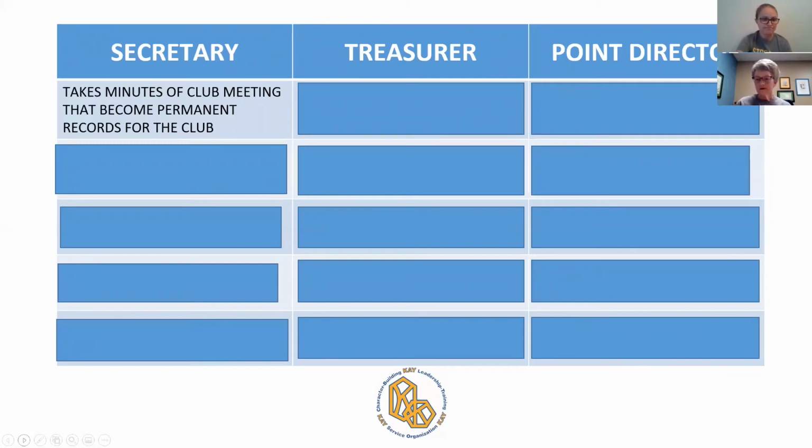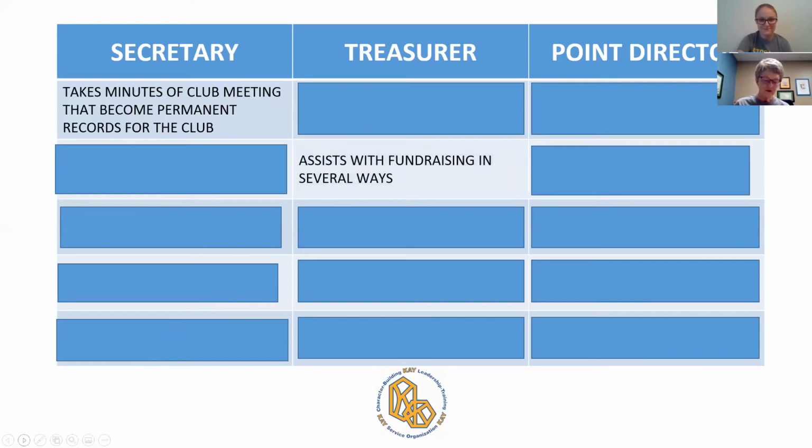Very important. Yeah. So that next statement says, assists with fundraising in several ways. That responsibility belongs to the treasurer. The treasurer might be a part of brainstorming for fundraising, might be a part of collecting money of some kind, but that treasurer is going to really work in close contact with your school clerk or your school secretary, whoever takes care of the money at your school, because the treasurer really does not have anything to do with the bank account.